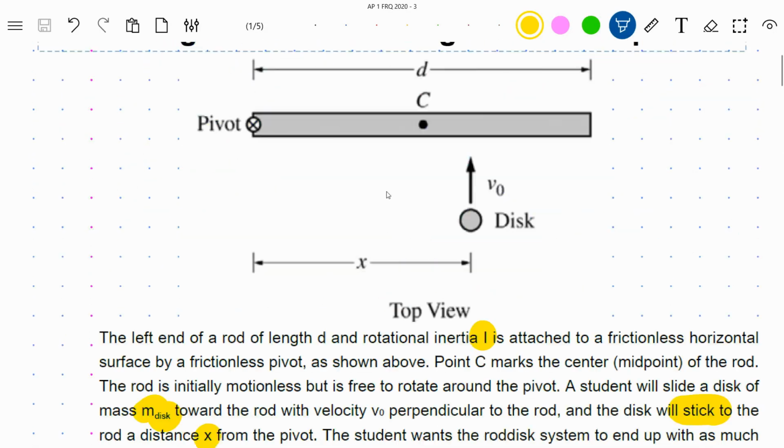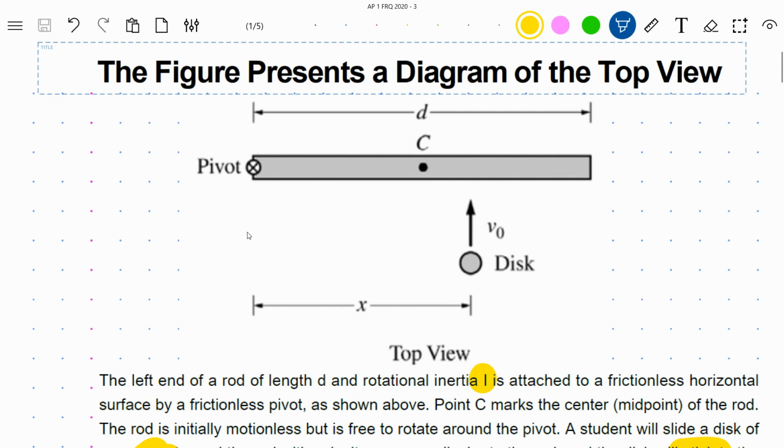So just to remind ourselves here, if I define my system to consist of both the rod and the disk, then they have to have a constant angular momentum throughout this investigation, as the disk is sliding along, and then hits and sticks. So there's no external torques being provided from just before to just after that collision. Before, there is a rod which was not rotating at all, and then there's a disk that is sliding in, so it has angular momentum as discussed earlier.